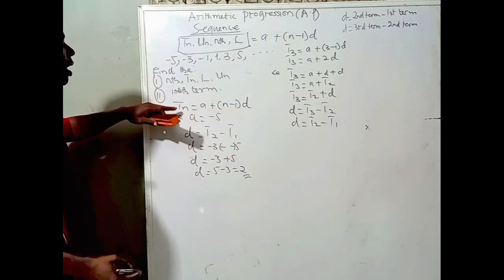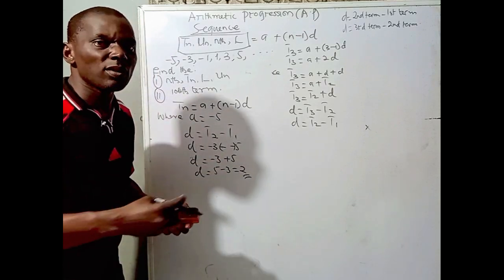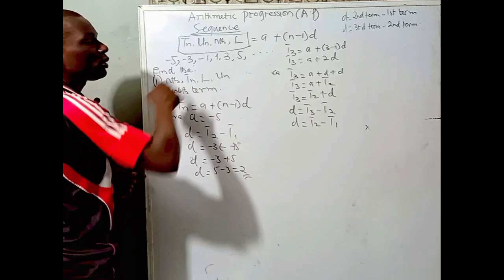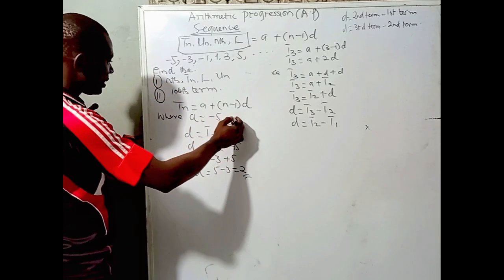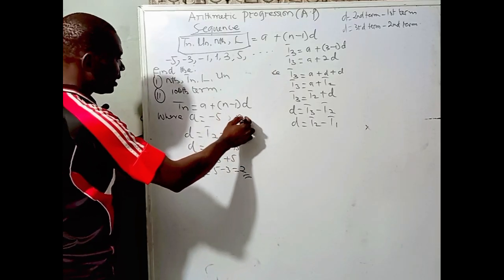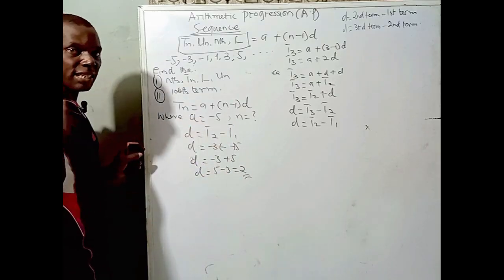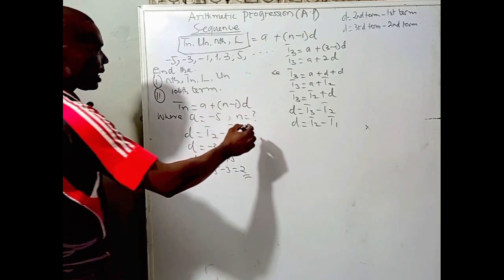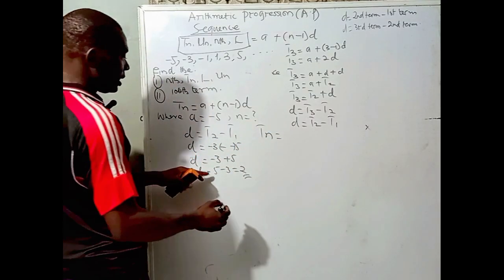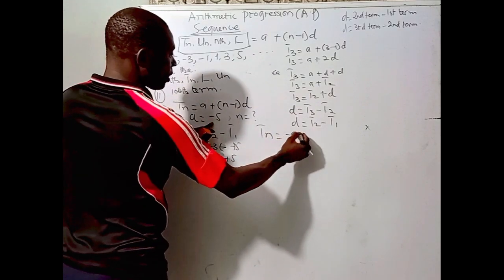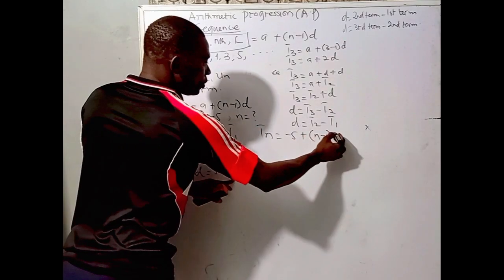So we are finding the nth term. But the nth term simply means which sequence or series is giving birth to all these ones. We want to derive it. n is not given, so we will express it in terms of n. So tn, the first term is negative 5, plus open bracket n minus 1, and the common difference d is 2.